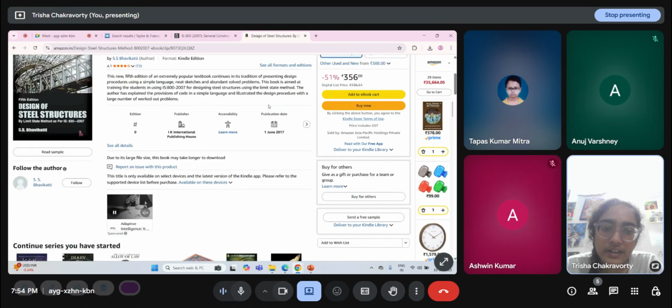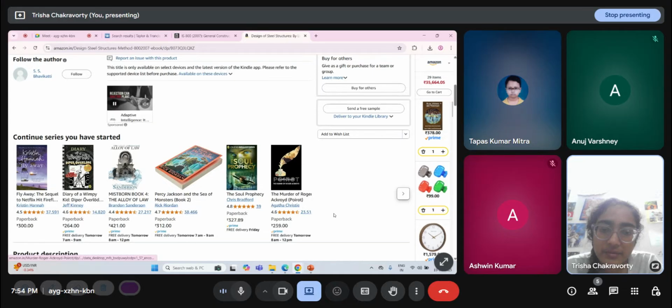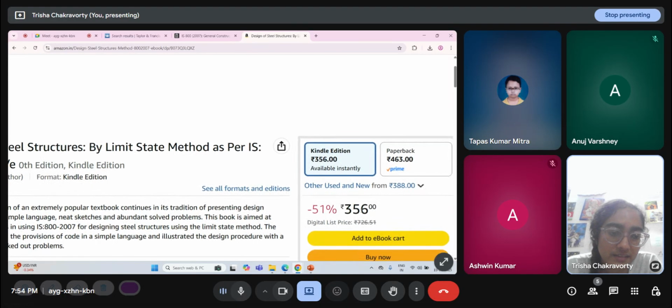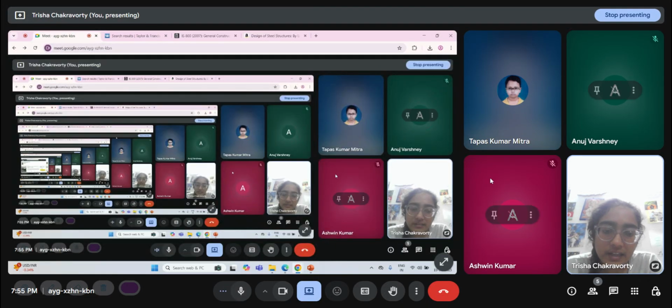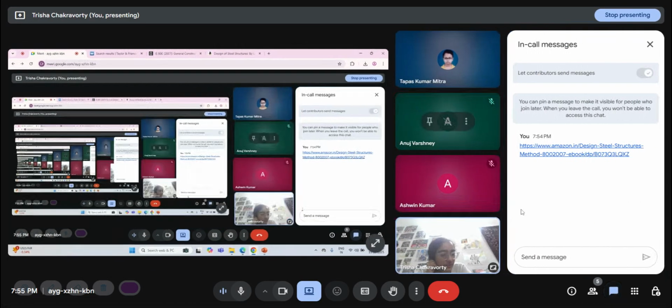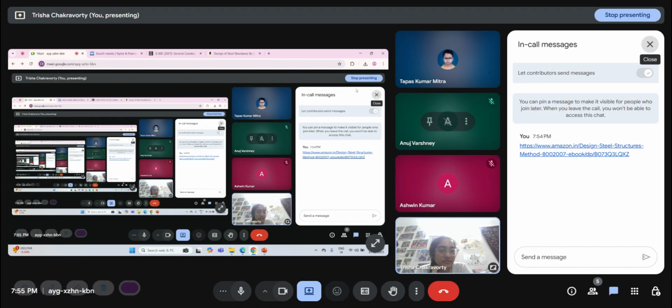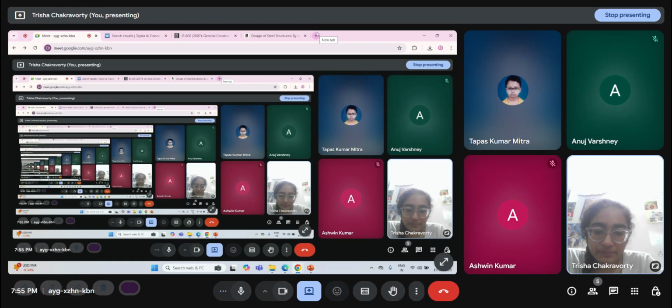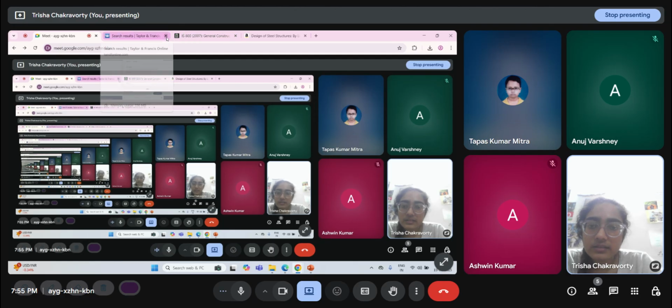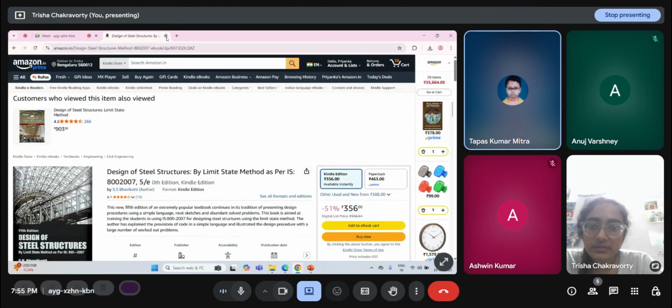Okay, I will try to find the PDF; I will probably be able to download it from somewhere. It costs 350 anywhere. I'll see if I can find it, and I will provide it next class. Okay, I'll try to download it from one of the pirated sites. This book has a lot of proper examples. No problem, thank you.